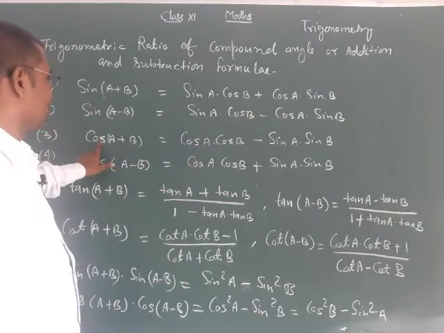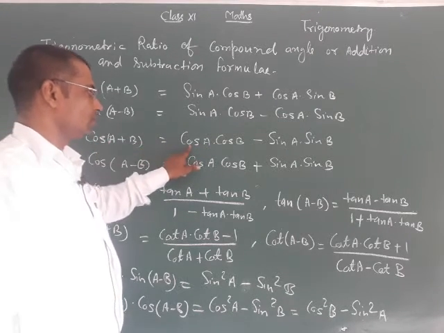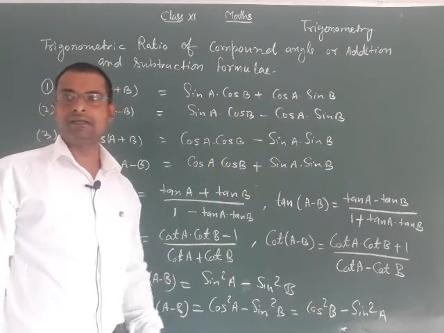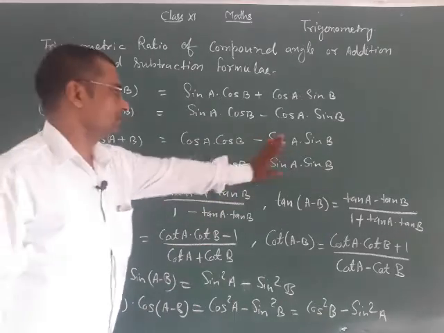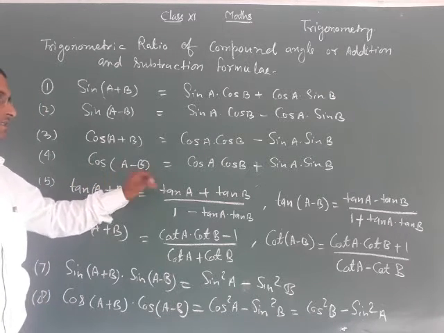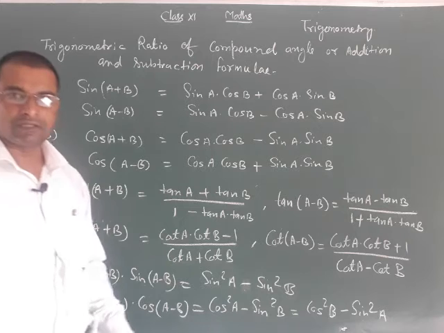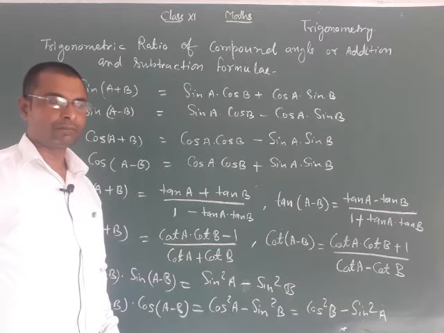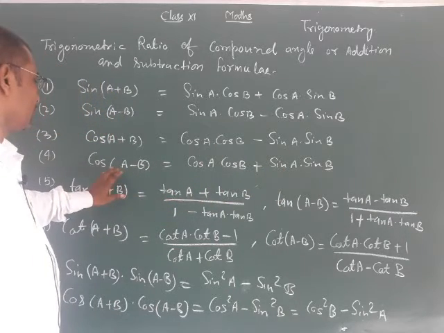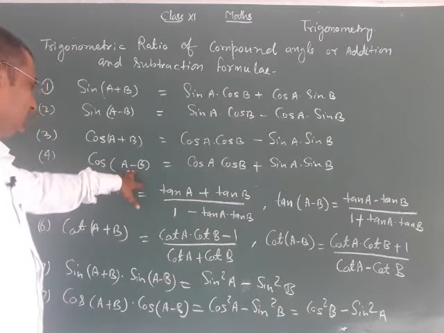Cos(A plus B) is equal to cos A into cos B minus sin A into sin B. Fourth, cos(A minus B) is equal to cos A into cos B plus sin A into sin B. So this is the formula of cos(A minus B).